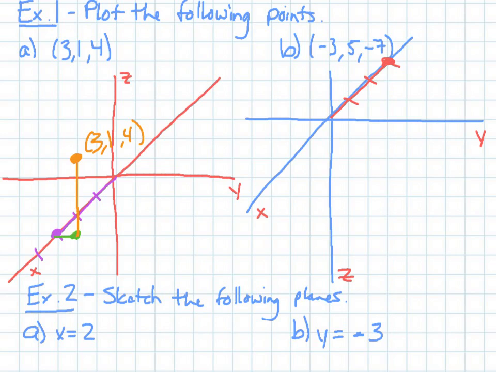So y is going to be 5 over, so 1, 2, 3, 4, 5. And then now I'm going to go down 7. So 1, 2, 3, 4, 5, 6, 7. So then that would be my point, -3, 5, -7.